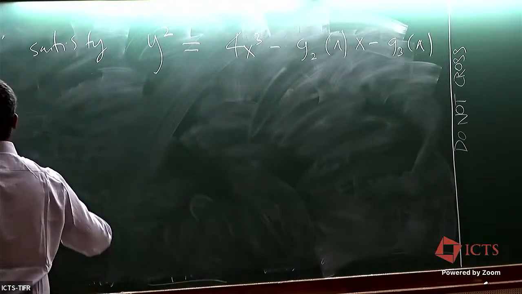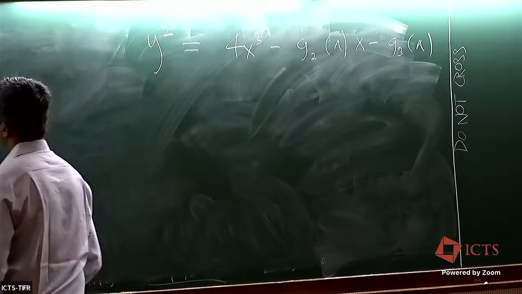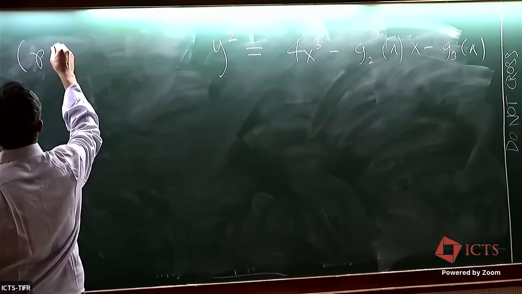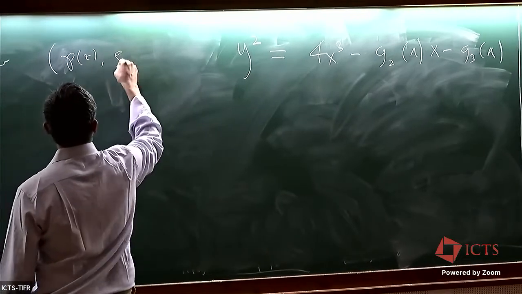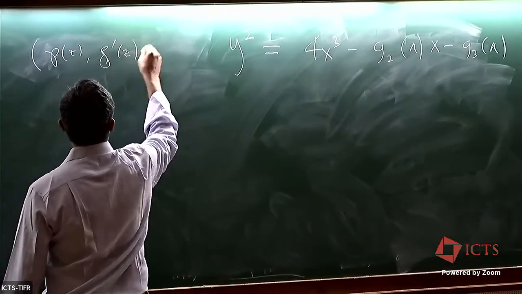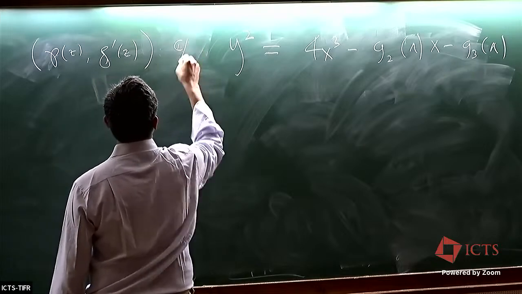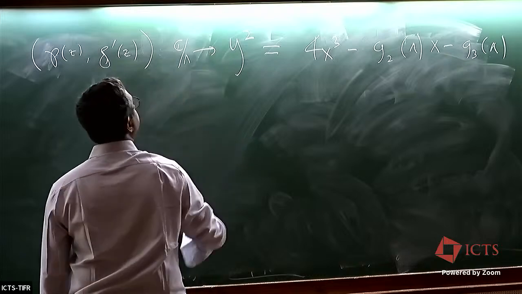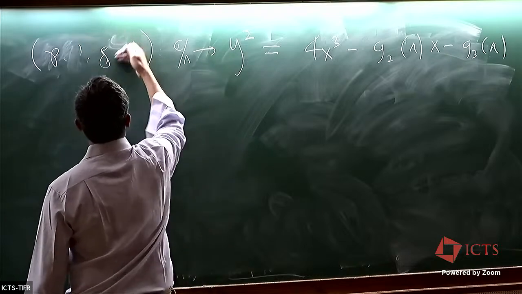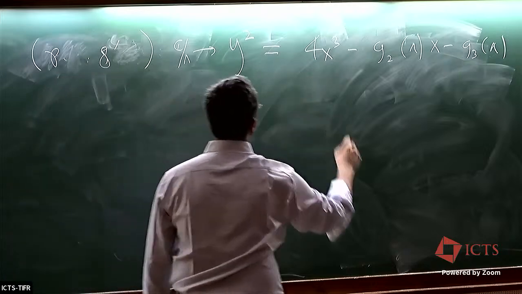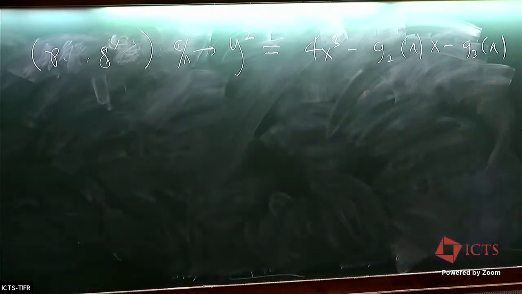Maybe I'll write it as a map: z maps to P of z, P prime of z, and they satisfy this cubic equation.